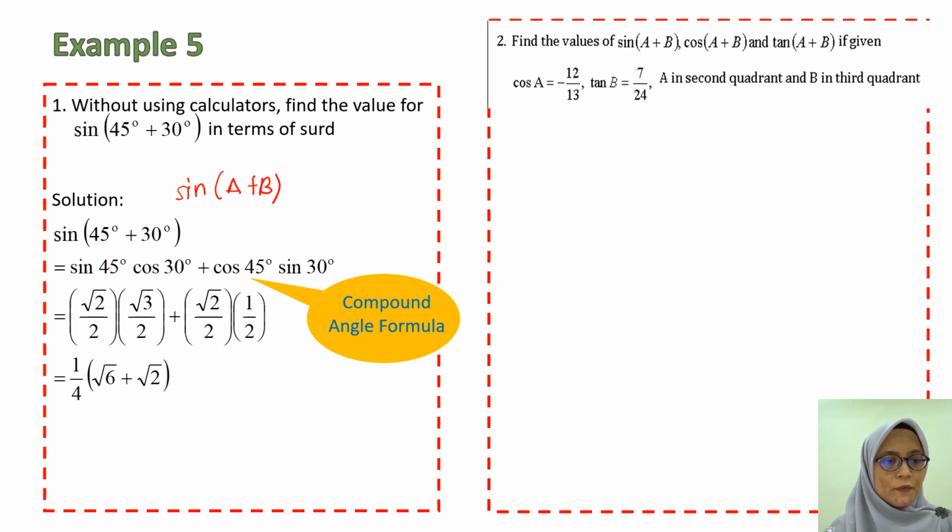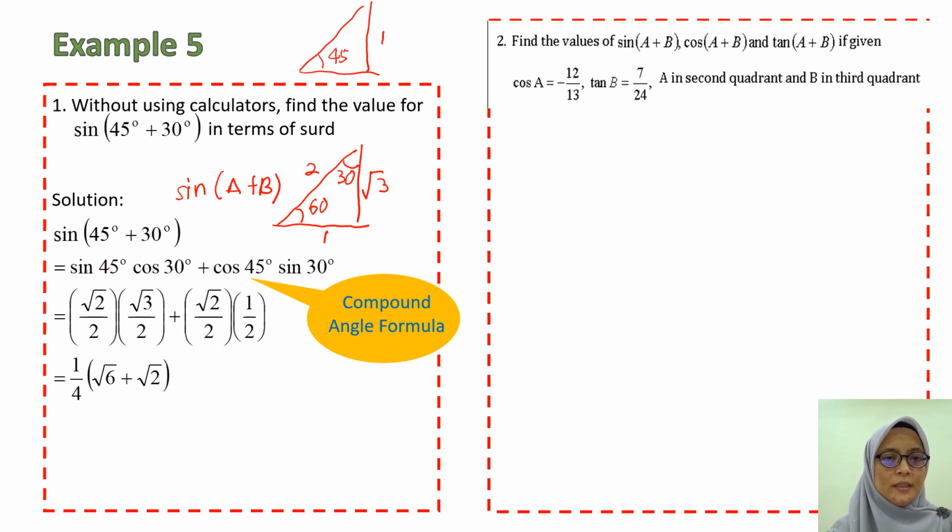Okay, so 45 and 30 are special angles. So we can use our triangles. So this one is for 60, 30: 1, 2, root 3. And another triangle for the 45 degree: 1, 1, root 2.